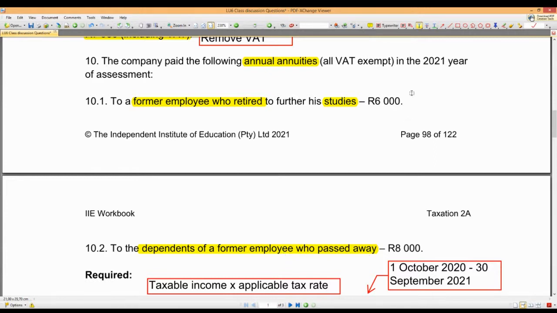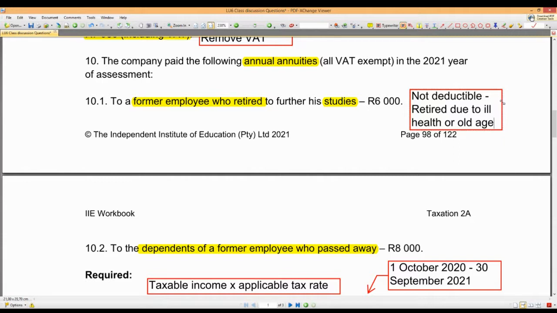Okay, so the first one is not deductible. Why is it not deductible? Because he retired, he didn't retire due to ill health or old age. Okay, so only if you retire as an employee due to ill health or old age, so you're older than 55, are you allowed to get that deduction.